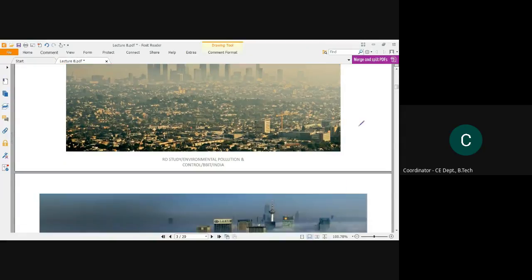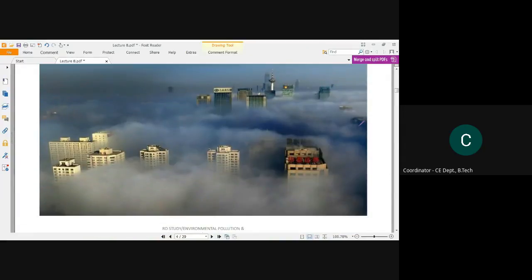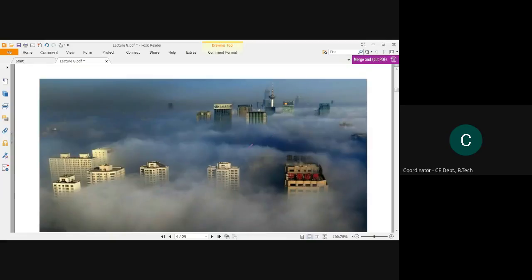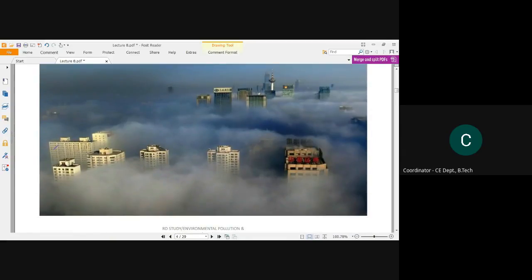Okay, so this is another picture, taken from China. In China, almost every year, 1,000 to 10,000 people die from smog pollution.